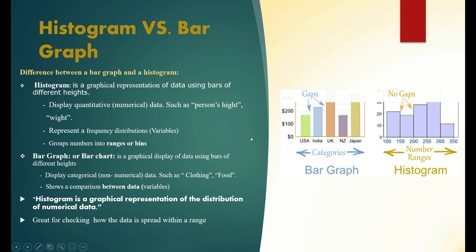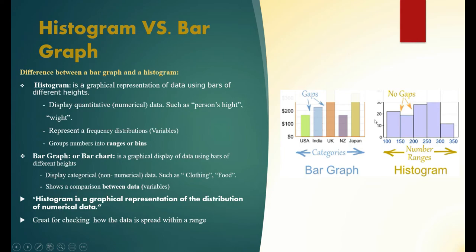While a bar graph, also called a bar chart, is a graphical display of data using bars of different heights. Bar charts are used to compare. So what are the two main differences between a bar graph and a histogram? A histogram is similar to a bar graph, as we can see in this graph. But the difference is clear. A bar graph has gaps between the bins or the bars, and the bars of a histogram have no gaps.